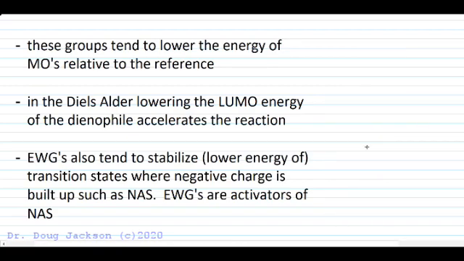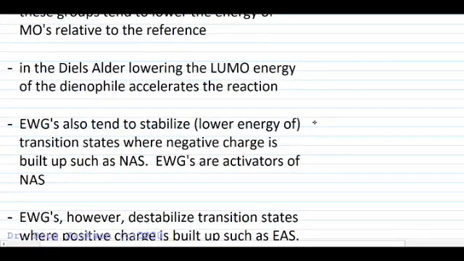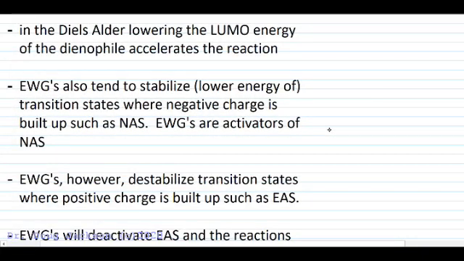Now, if we look at withdrawing groups in terms of electrophilic aromatic substitution or nucleophilic aromatic substitution, they're on a benzene ring. And when there's a reaction where negative charge is built up in the transition state, they actually stabilize the reaction.